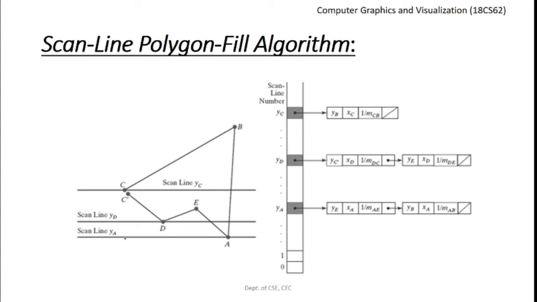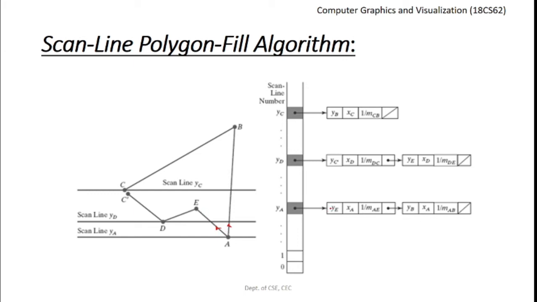For every entry in the sorted edge table, for the scan line YA, we have two edge intersections. Both these edges are in the same direction, above the scan line, right? So we need to consider it as two intersections, two intersecting edges, as we had discussed earlier. So scan line YA intersects at vertex A. We need to consider the edges EA and BA.